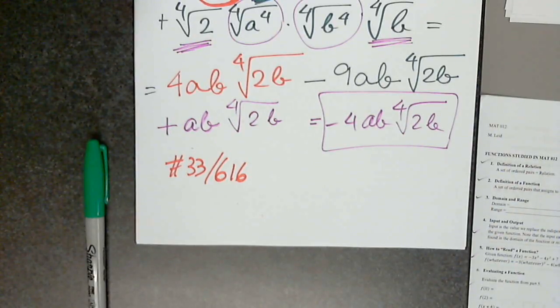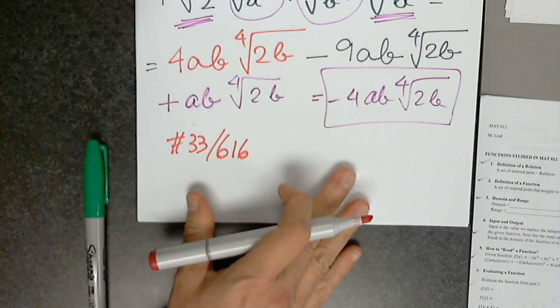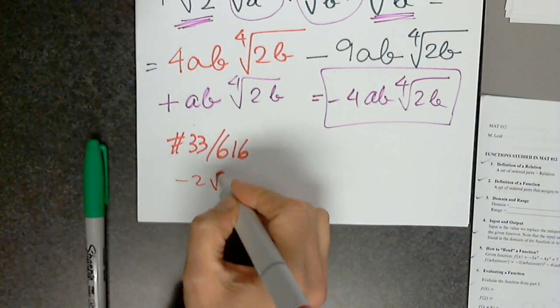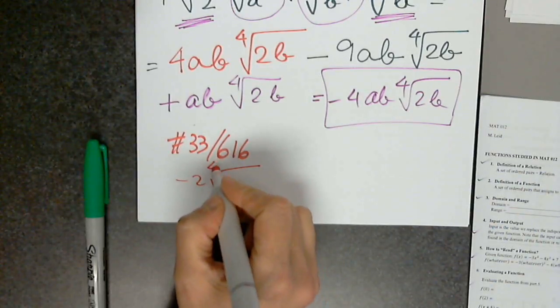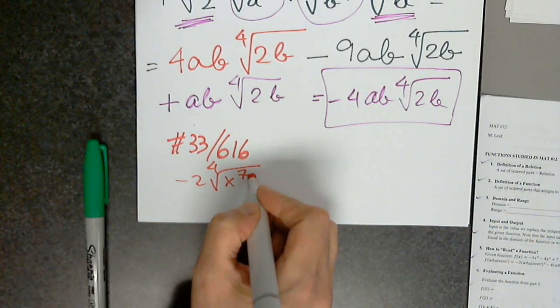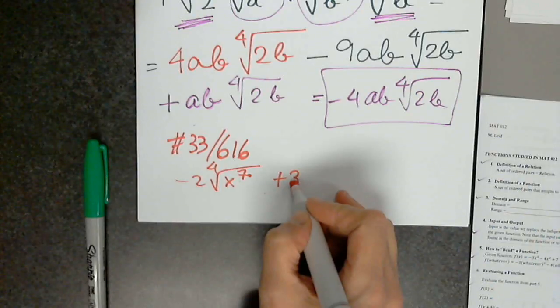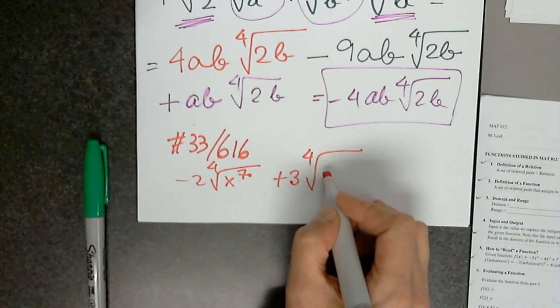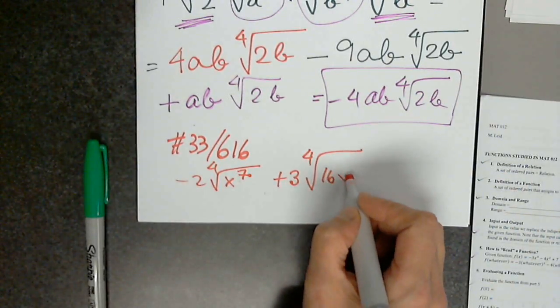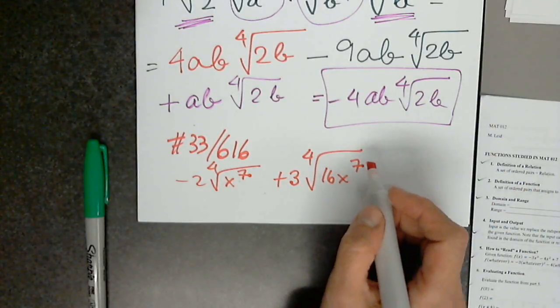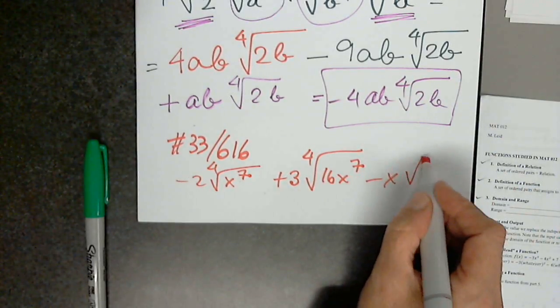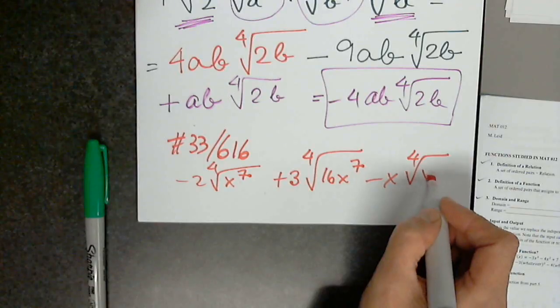But let's do one more problem. Okay, so 33. Negative 2, the fourth root of x to the 7th, plus 3, the fourth root of 16x to the 7th, minus x times the fourth root of x to the 3rd.